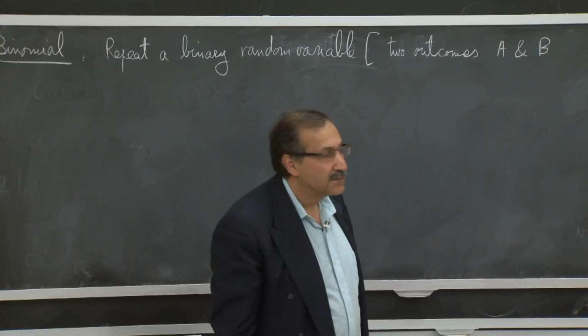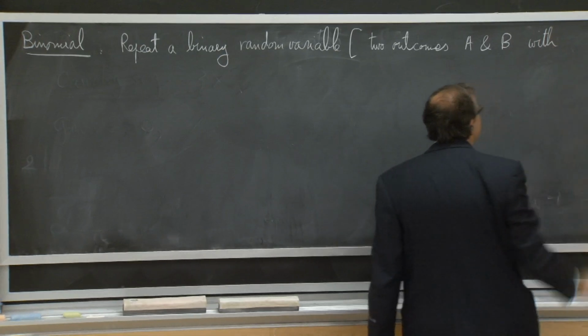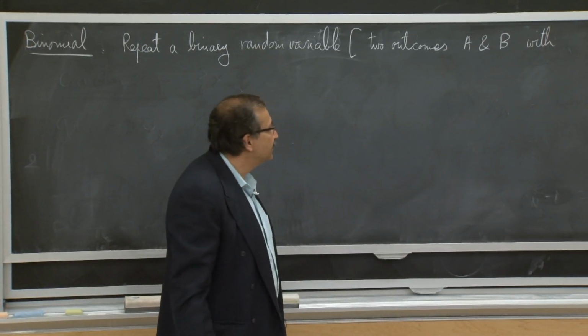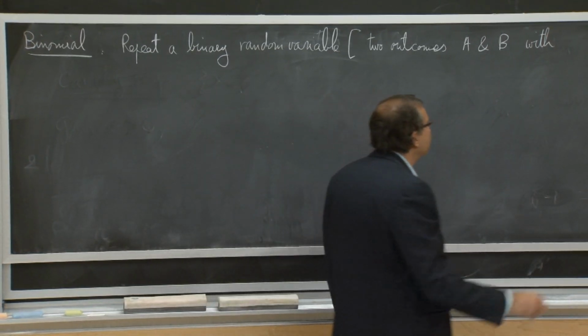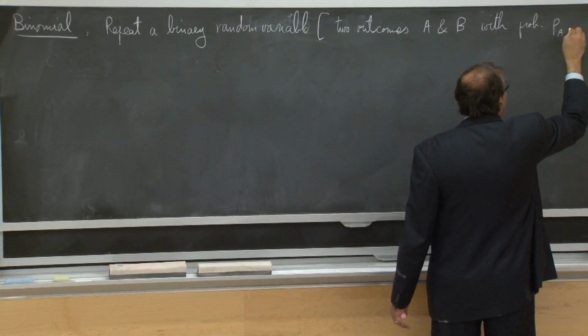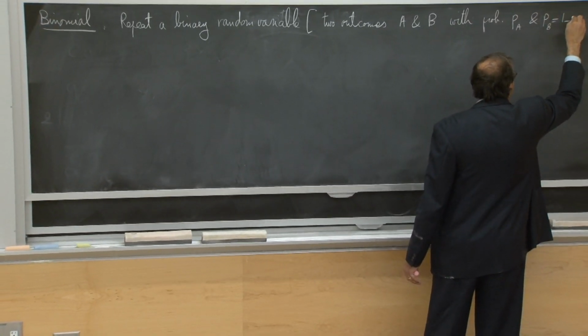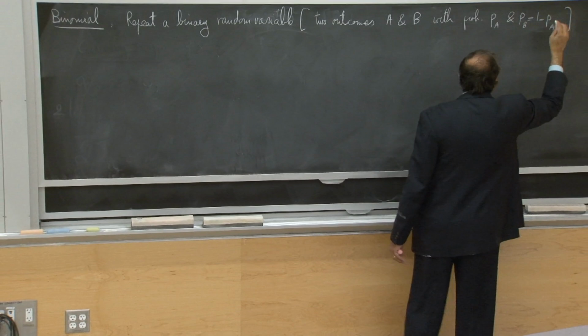And if I have a coin that's head or tails, it's binary with two possibilities, and I can assign probabilities to the two outcomes to be PA and PB, which has to be 1 minus PA.